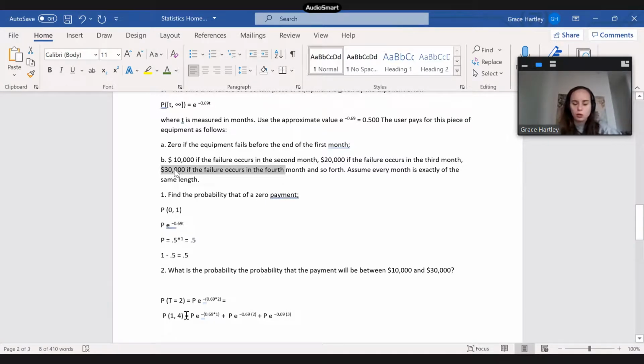The end of the fourth month is equal to the start of the fifth month. So you're going to use the 4. That's from 1 to 4. That includes the beginning of the second month all the way to the end of the fourth month.